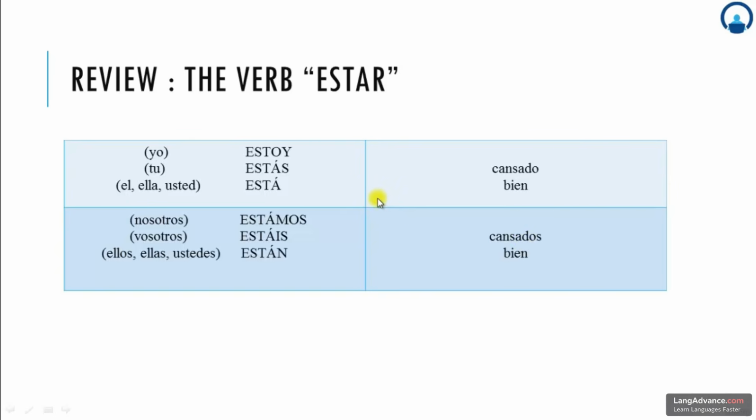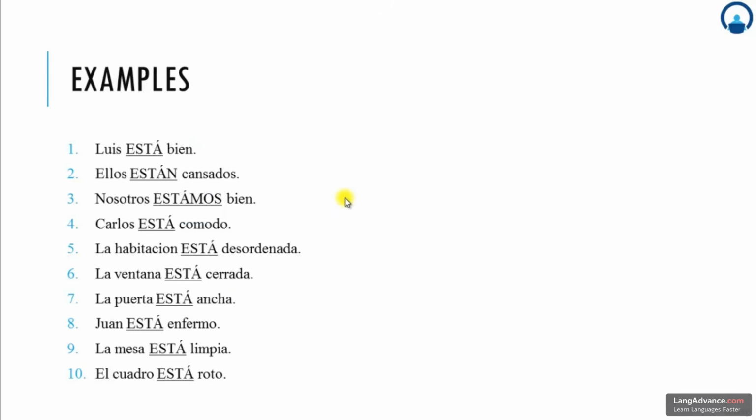Okay, after reviewing this estar verb, we'll try to use this in some examples. Here I've got around 10 examples. We'll see them one by one. First, you write this down in your notebook and try to translate these. Luis está bien. Ellos están cansados.